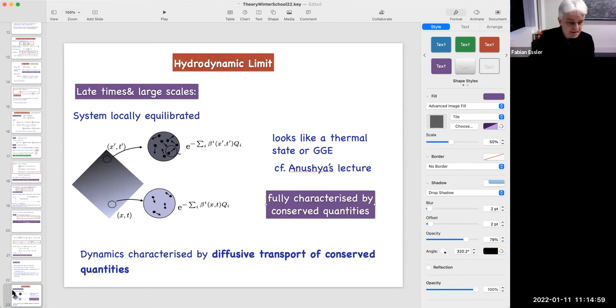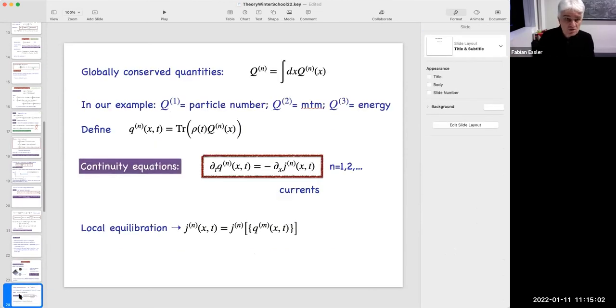And that arises as follows. So you have some globally conserved quantities, energy, particle number, or momentum. These are operators that commute with the Hamiltonian, and you can now define their local densities by taking the density of these operators, which are local or quasi-local, and taking their expectation in your quantum mechanical state.